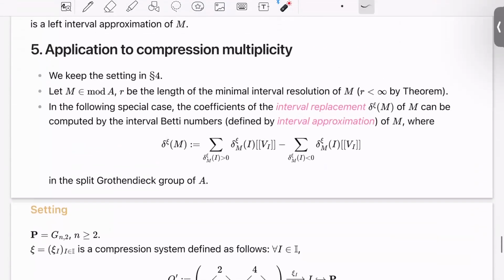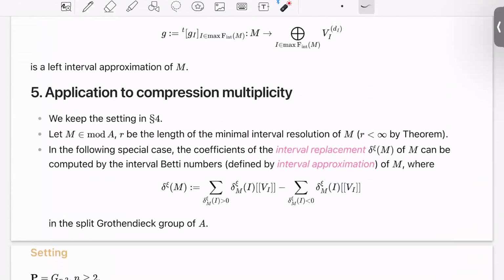So I want to review this first. Now we keep the setting in section 4 and let M be a module and r the length of the minimal interval resolution. By the theorem, it is known to be finite. And in the following special case, unfortunately, at this moment only the following special case, we have the following result.